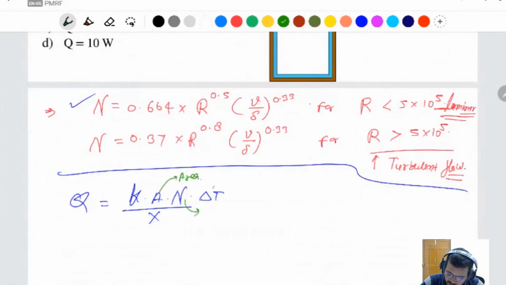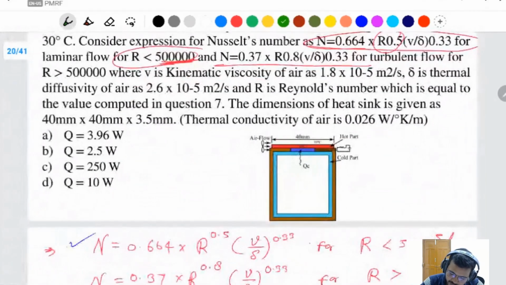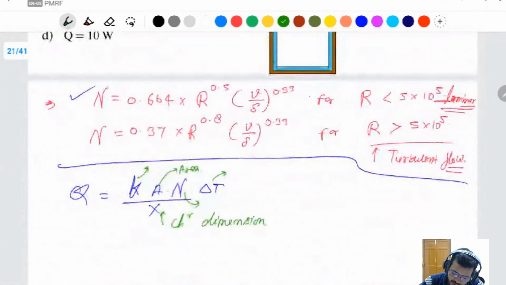Reynolds number, you know; delta T is the temperature difference; x is the characteristic dimension. This is thermal conductivity, which is different for different media. Air is different. This one is the thermal conductivity.